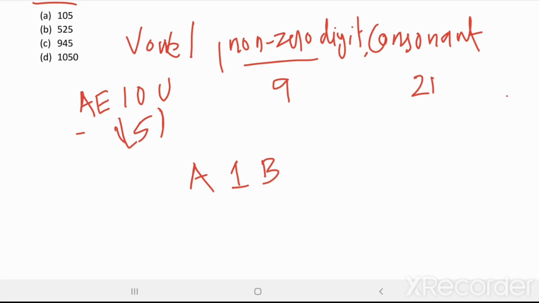So first place it is a vowel. You can choose one vowel out of 5 vowels in 5 ways. You can choose one non-zero digit out of 9 non-zero digits in 9 ways, and you can choose one consonant out of 21 consonants in 21 ways.